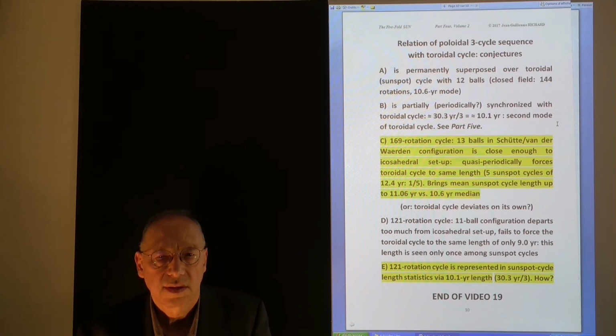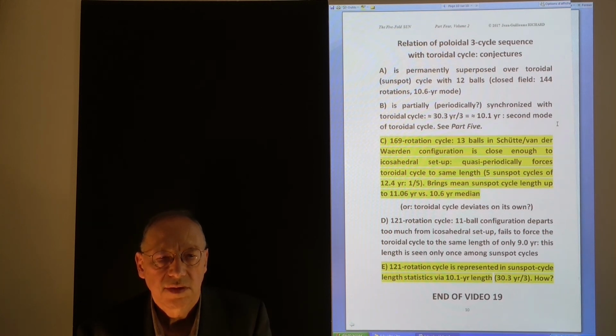Another possibility is that the toroidal cycle deviates on its own from the optimal icosahedral configuration. Maybe in this case we will be back to the scenario of a statistical sun for the toroidal cycle length distribution.